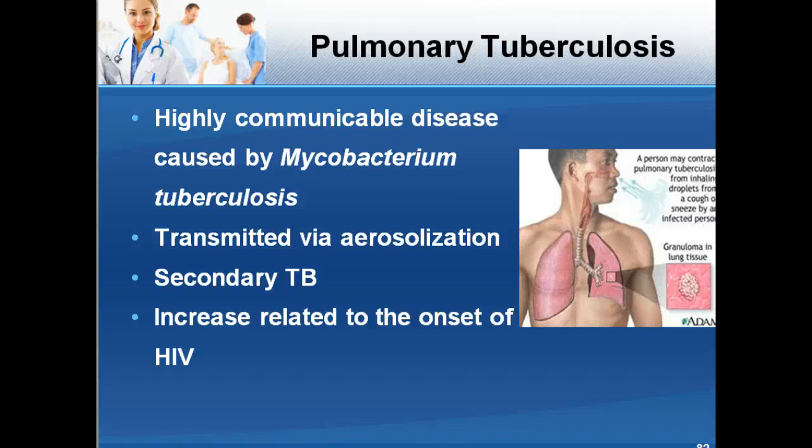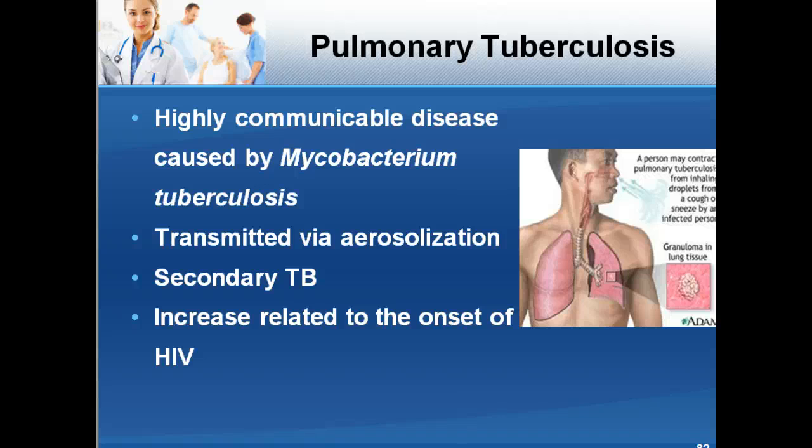Okay. Then TB. TB, you guys, is a highly communicable disease caused by the Mycobacterium tuberculosis, and it's transmitted via aerosolization. Secondary TB increase related to the onset of HIV.